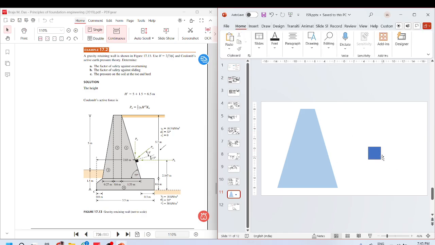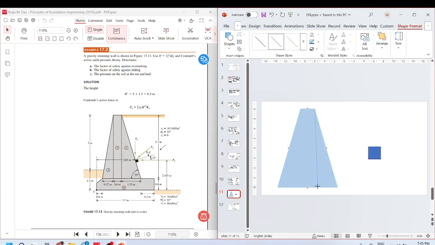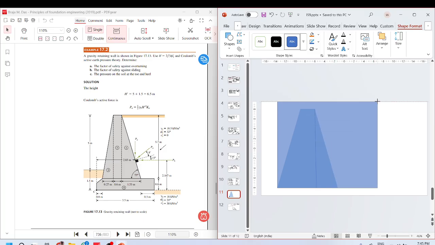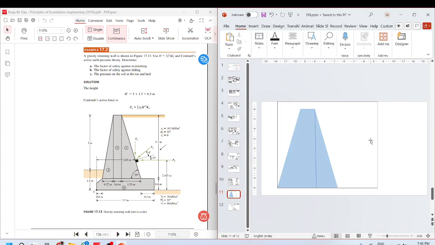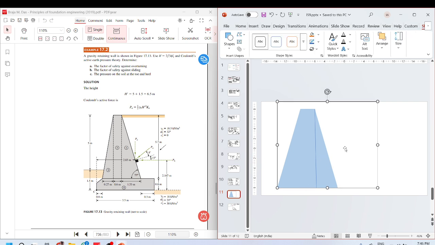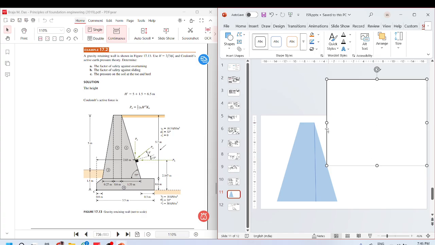What I will do is, if this is my coordinate system, I want to check the coordinate here, but I want to check normal and vertical.